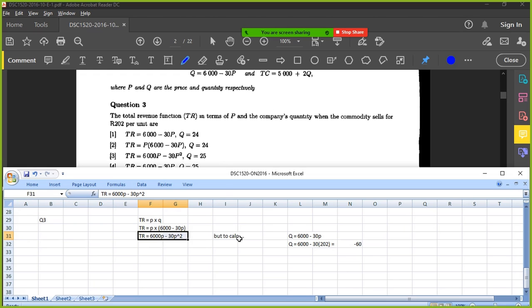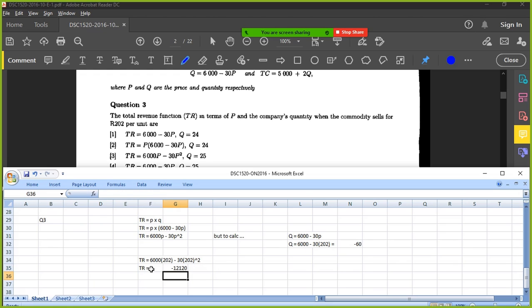The only thing I can maybe think of is, do they want to work out the revenue? Probably not, but maybe they do. Let's plug in 202 here. Total revenue equals 6,000 times 202 minus 30 times 202 times 202.